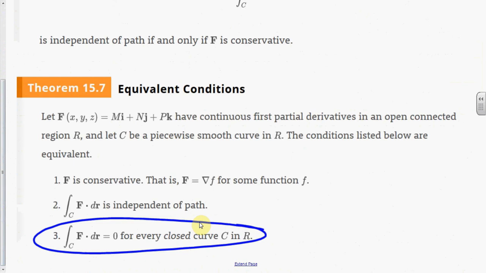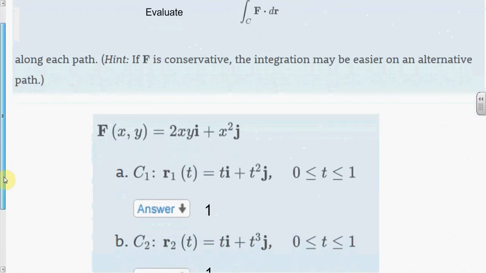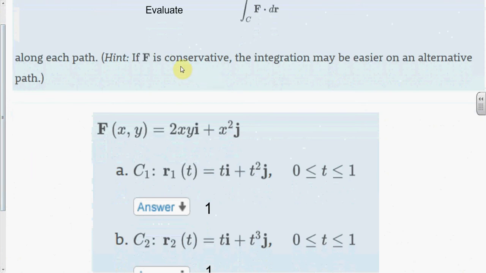Let's see. Here, evaluate the line integral along each path. Hint: if F is conservative, the integration may be easier on an alternative path. When they say that, if it's conservative, this alternative path basically means use the fundamental theorem of line integrals. That's what they're saying. They're kind of begging us to do that.